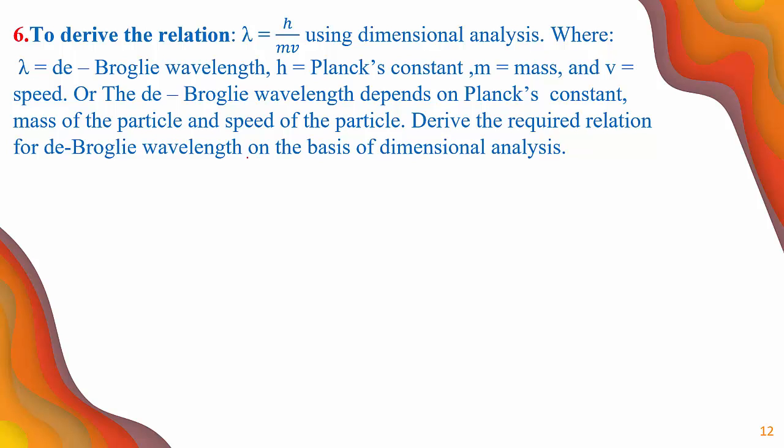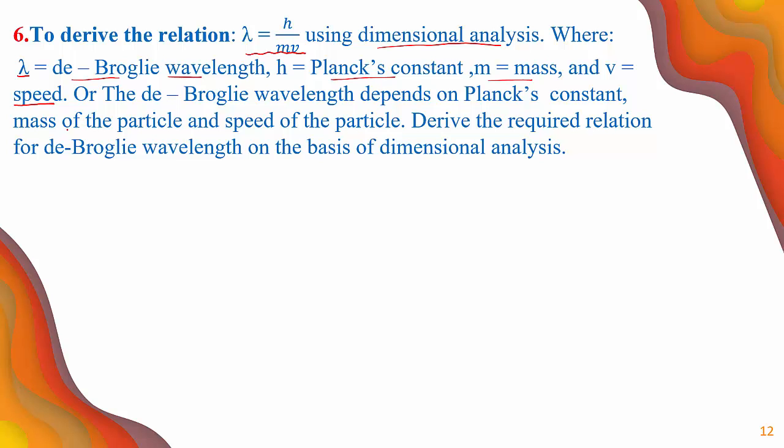To derive the relation lambda equal to h divided by m into v using dimensional analysis, where lambda indicates de Broglie wavelength, h indicates Planck's constant, m indicates mass, and v indicates speed.